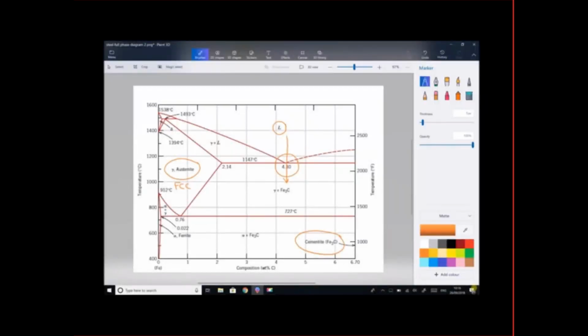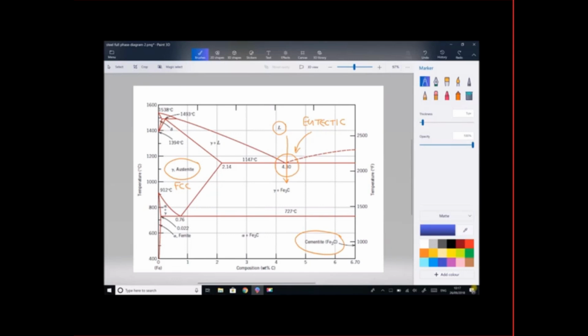Now this point here, where we go directly from liquid to a layered solid, is called our eutectic composition, and we've seen this previously. Therefore, when steel has a composition of 4.3% carbon, we have our eutectic composition. At carbon contents of around 4.3%, what we're really referring to is our cast irons.